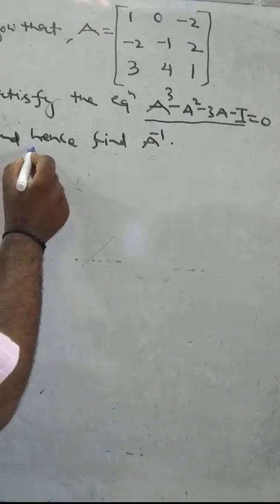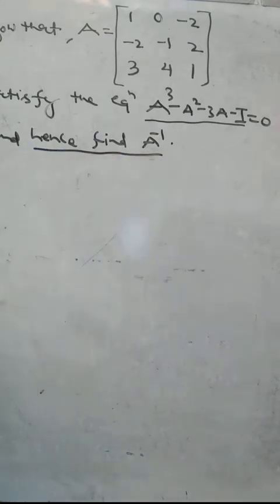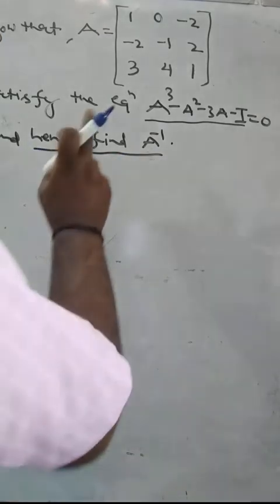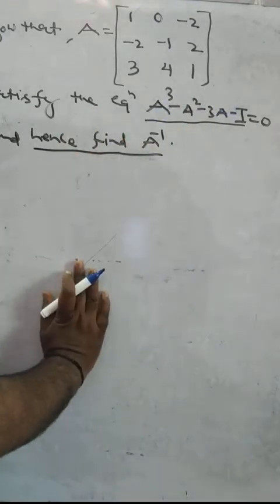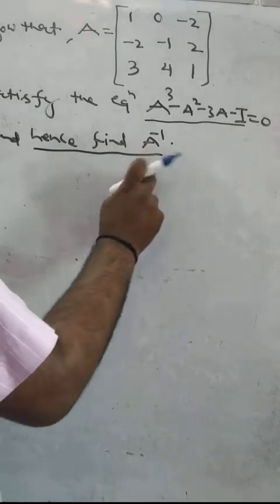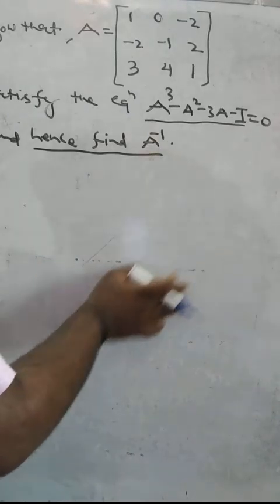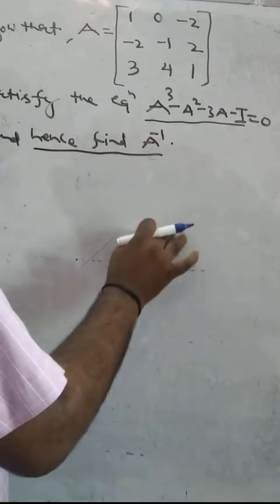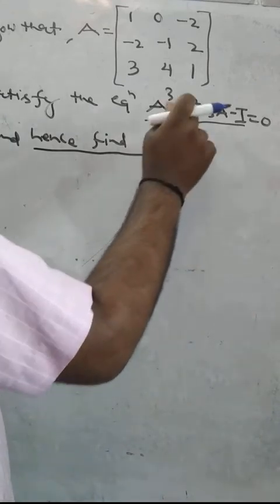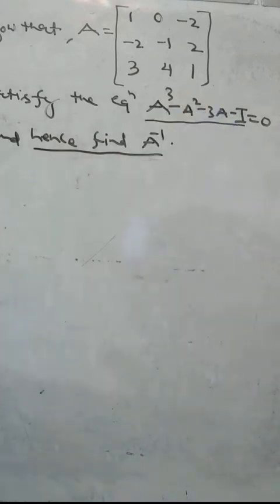Because of this: hence find A inverse. It means we have to find A inverse by using this equation only. We cannot find A inverse by using the row operation method or the adjoint method. No. We can find A inverse here by using this equation only.